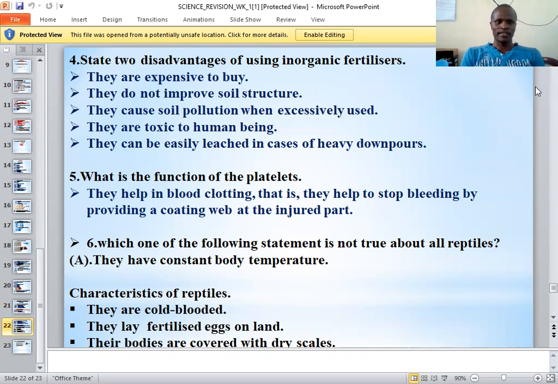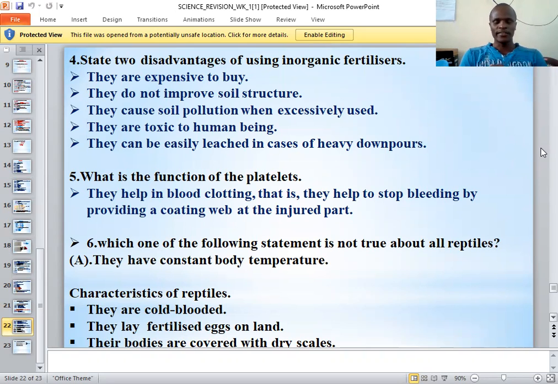So it is expensive. Number two, these chemical fertilizers, they don't improve soil structure. Number three, they can also cause soil erosion, soil pollution when excessively used. When you use a lot of it, it may pollute soil.